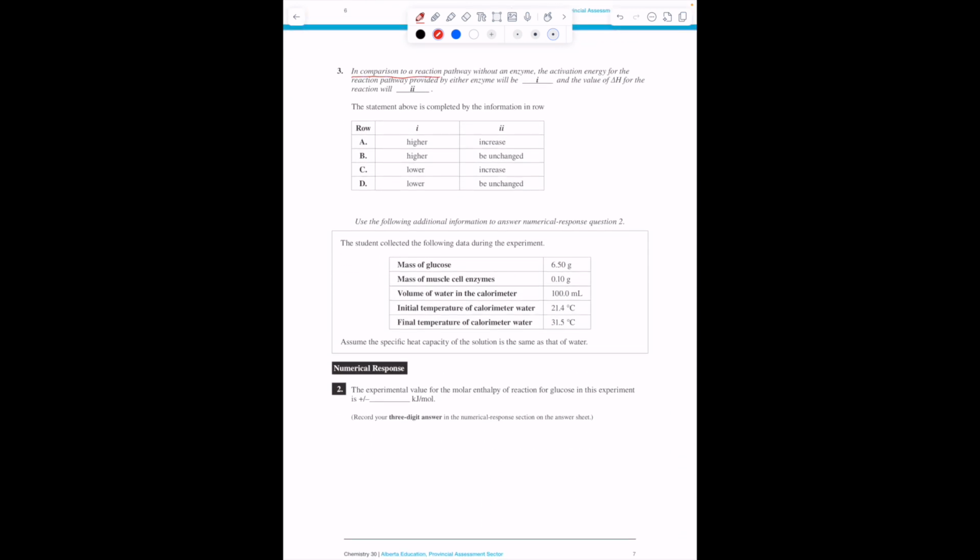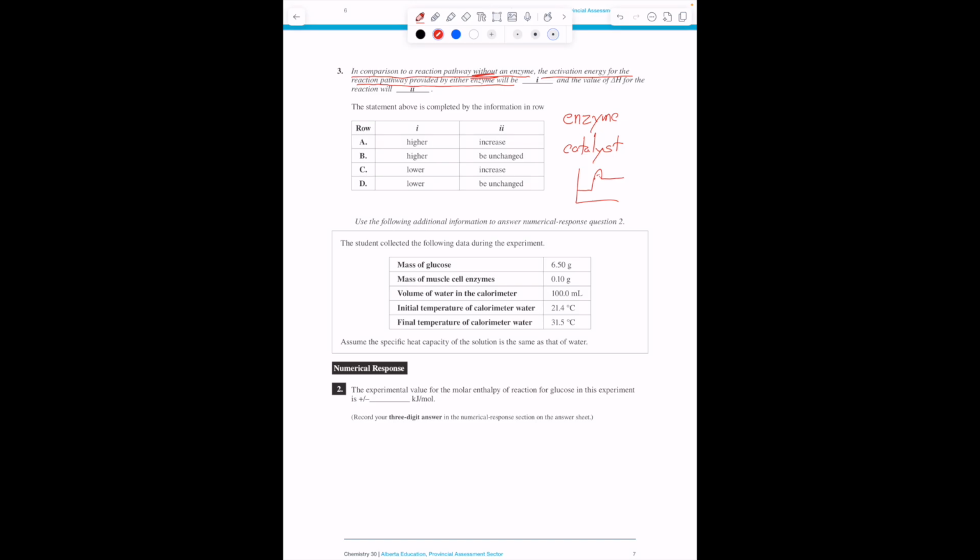In comparison to a reaction pathway without an enzyme, the activation energy for the reaction pathway provided by either enzyme will be, okay, an enzyme is like a catalyst. A catalyst will alter a pathway, but it won't change anything in terms of the delta H. It just lowers the activation energy.